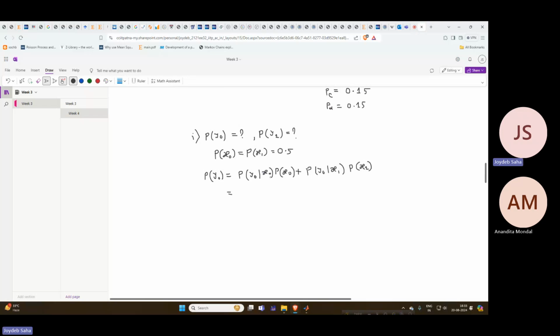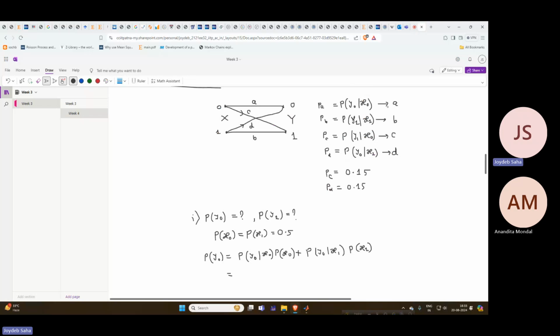What is y0 upon x0? This is A, p of A, so p of A into p of x0 plus, what is y0 upon x1? y0 upon x1 is probability of D, so PD into p of x1.